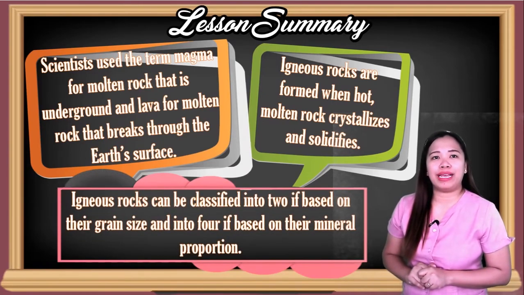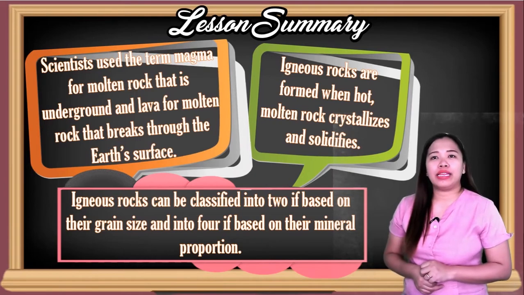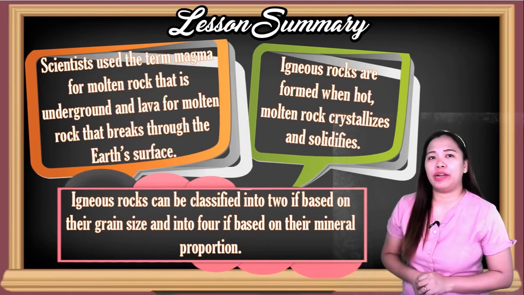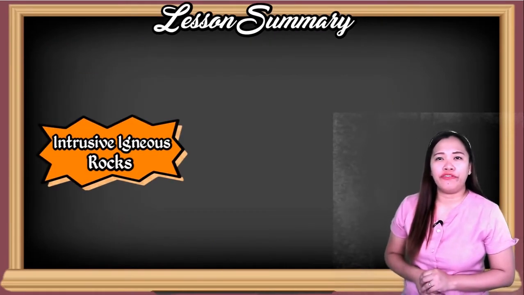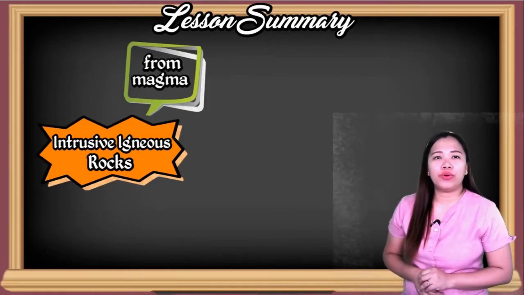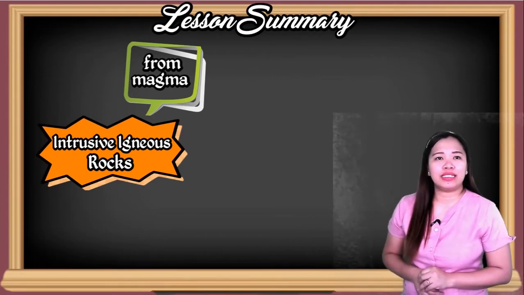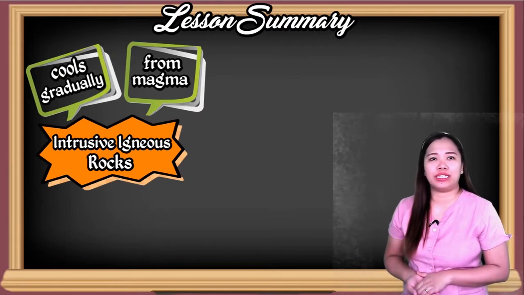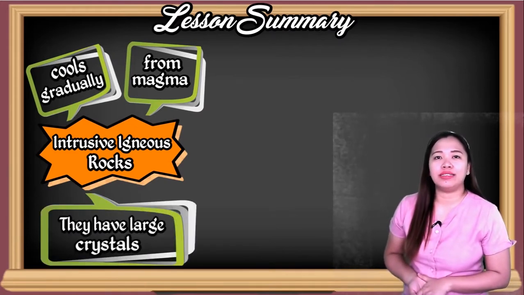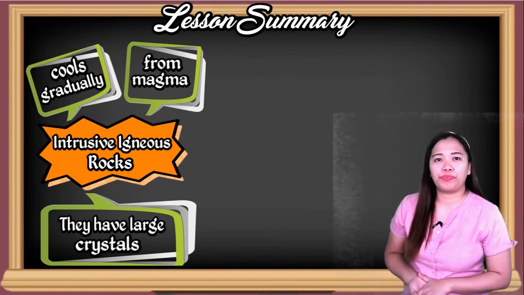Igneous rocks can be classified into two based on their grain size, and into four based on their mineral proportion. Intrusive igneous rocks are formed from magma that cools and solidifies within the crust of the planet. This type of rock cools gradually without ever reaching the surface. They have large crystals that are usually visible even without a microscope.